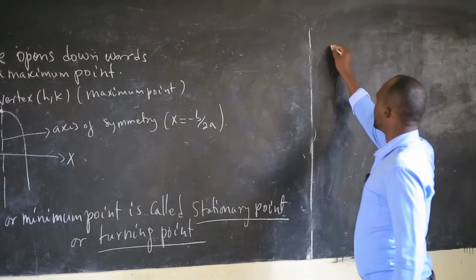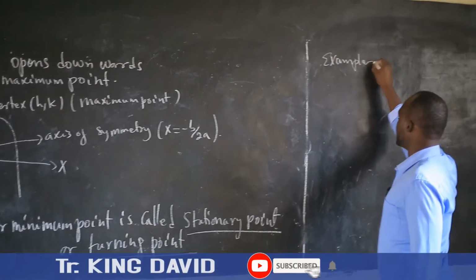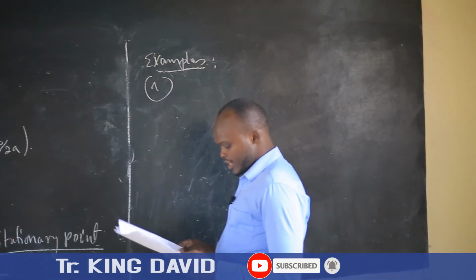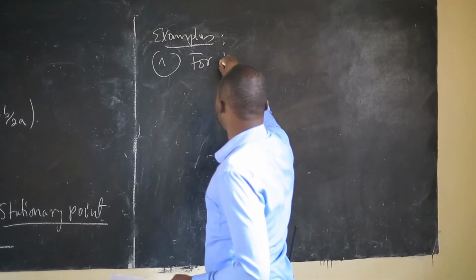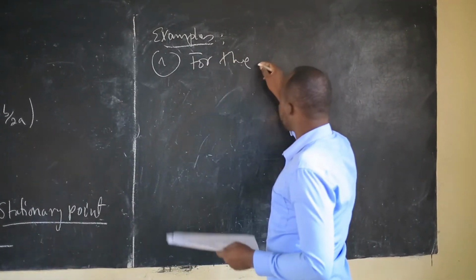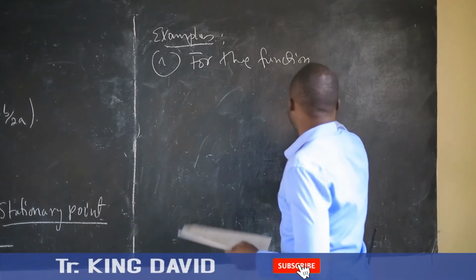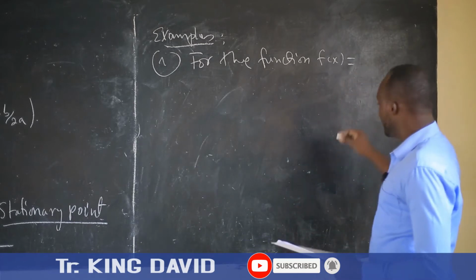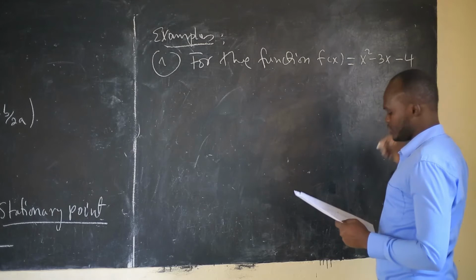So let us see examples. Example number one. For the function f of x, you know that f of x is the same as y, equal to x squared minus 3x minus 4.